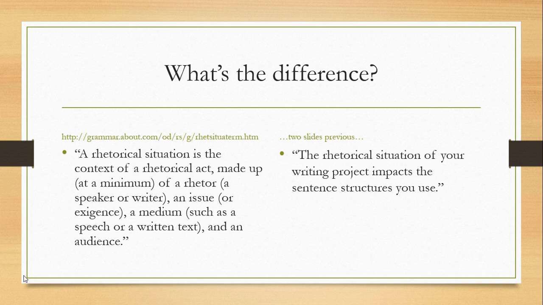And I have on that slide, the rhetorical situation of your writing project impacts the sentence structures you use. So I found another definition of rhetorical situation that I included on the left. A rhetorical situation is the context of a rhetorical act made up, at a minimum, of a rhetor, a speaker or writer, an issue or exigence, a medium, such as a speech or a written text, and an audience.